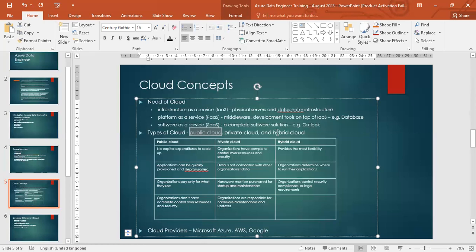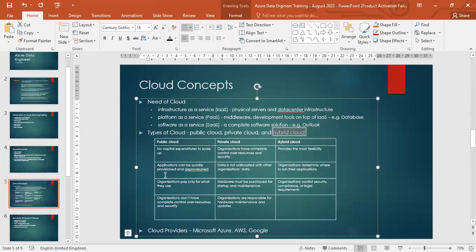And the hybrid cloud will be a mix of private cloud plus public cloud. Organizations can keep some of the data on the private cloud, which they want to be secured, and move some of the data to the public cloud, where they think it is public data that does not have security-related issues.